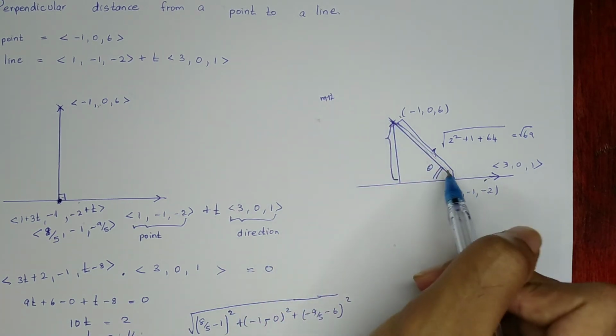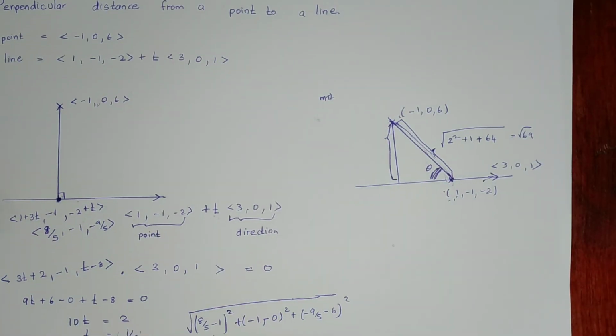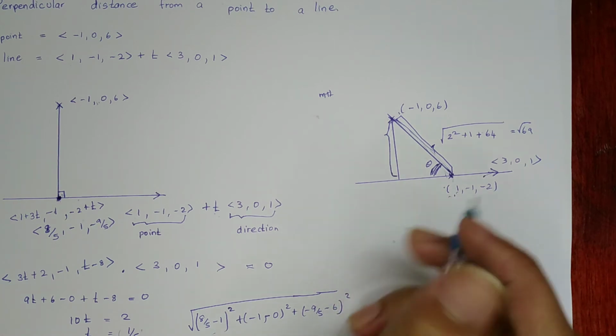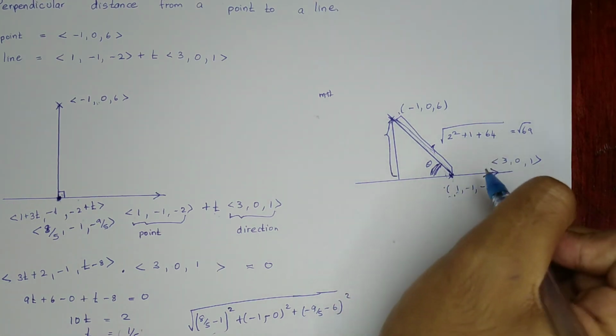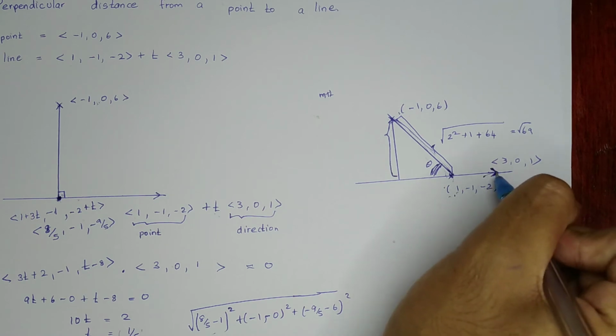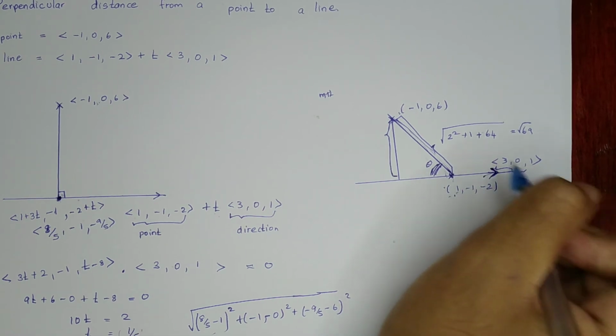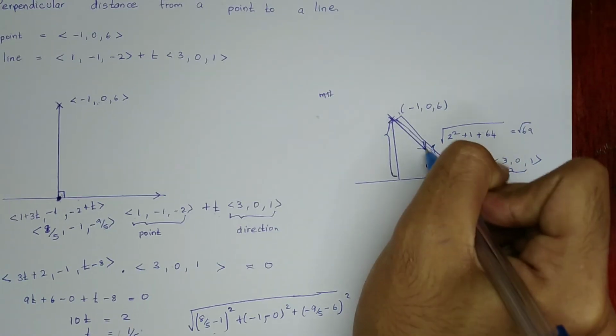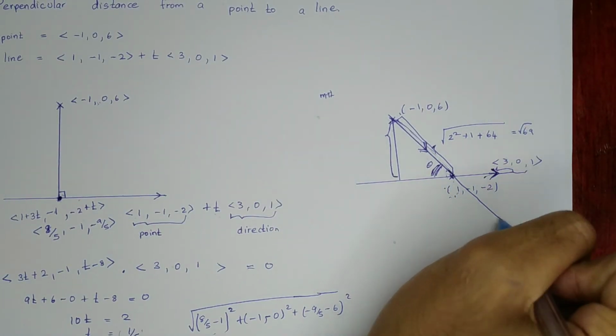So the next thing over here is we need to find this angle. How to find that? This can also be easily found by using the dot product method. I already know the direction vector of this line. Now I'm going to find the direction vector of this value. Let's say it's in this direction.